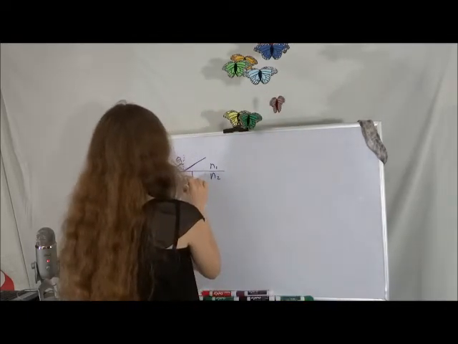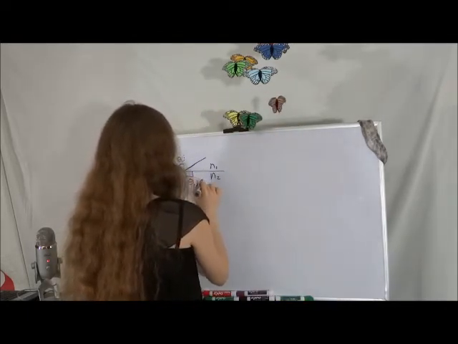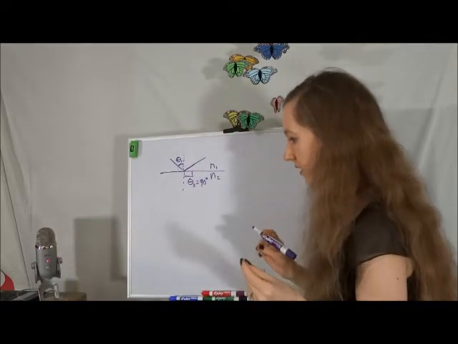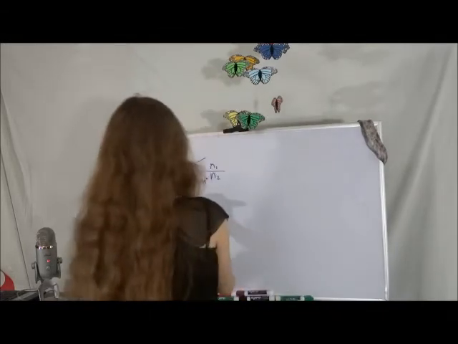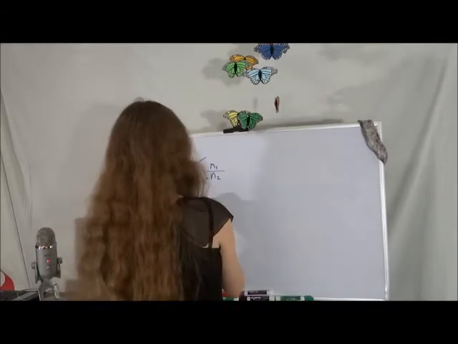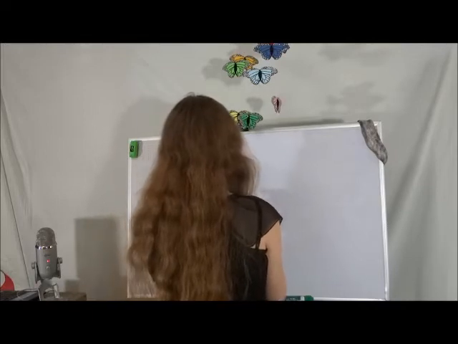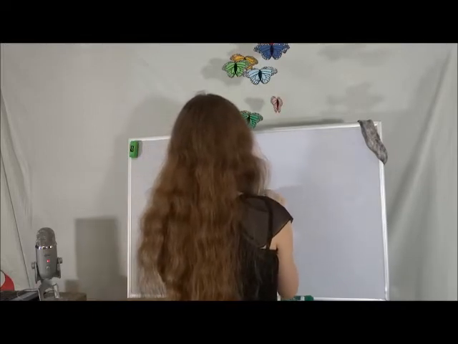If we use Snell's law on this, we have n1 sine theta 1 equals n2 sine 90 degrees.